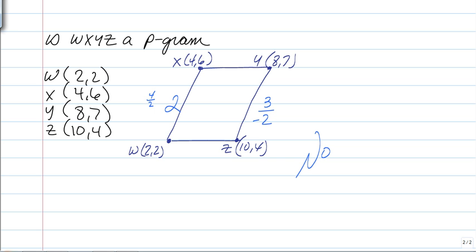Just for fun, we can check the rest if you'd like. 7 minus 6 would have been 1, over 8 minus 4 is 4. And down here at the bottom, 4 minus 2 is 2, over 10 minus 2 is 8, which does reduce to 1/4. But you need both sets of opposite sides to be parallel, so it doesn't matter anyway.